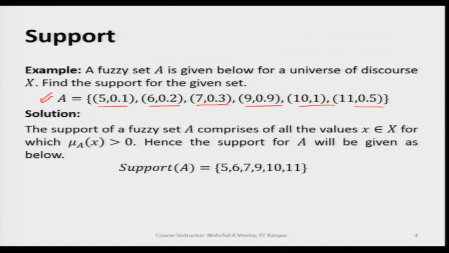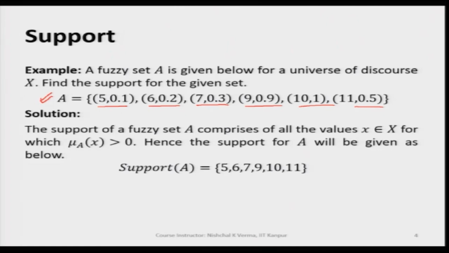So, if we look at this fuzzy set, it is very clear that all these generic variable values 5, 6, 7, 9, 10, 11 have their corresponding membership values all greater than 0.